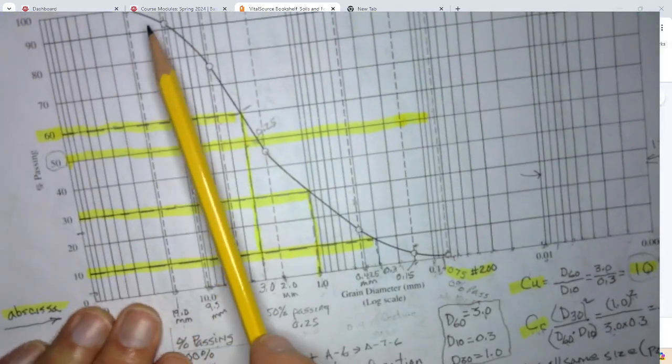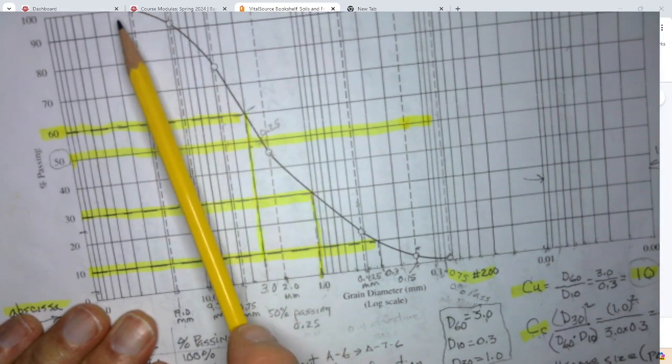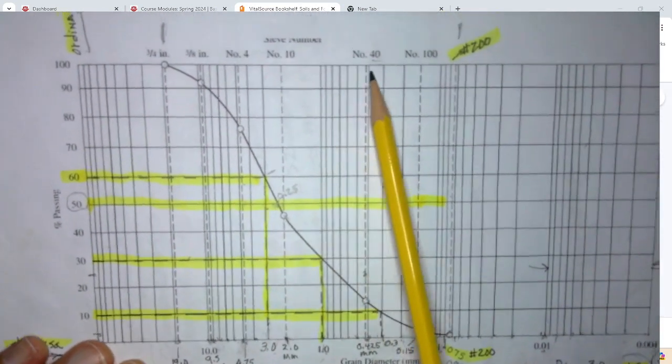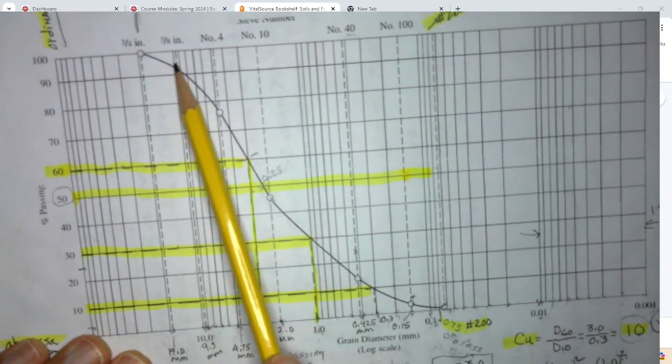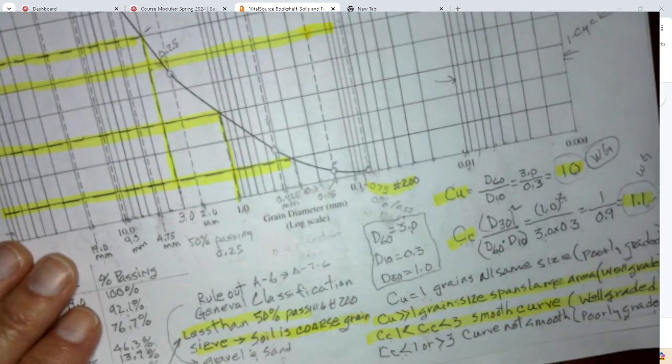What that means is, looking at this, there are different sized particles all the way from the 3/4 inch sieve all the way to 100. So this is very well distributed. When you see something like this on a chart, you know you've got a well-graded soil, and we're just proving it right now.